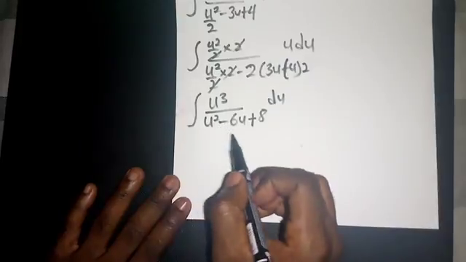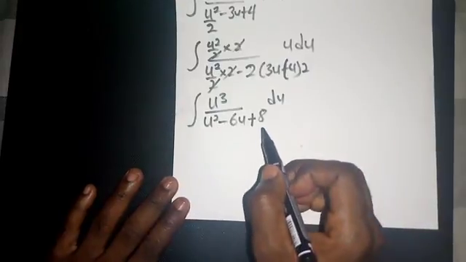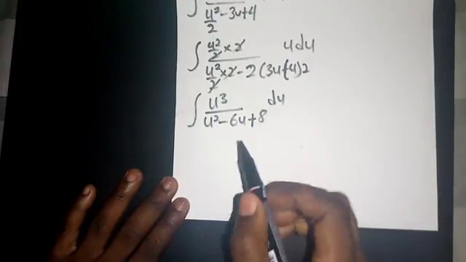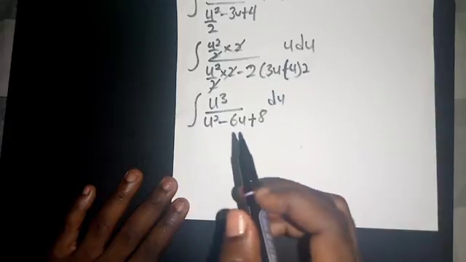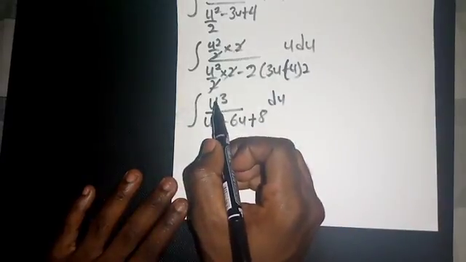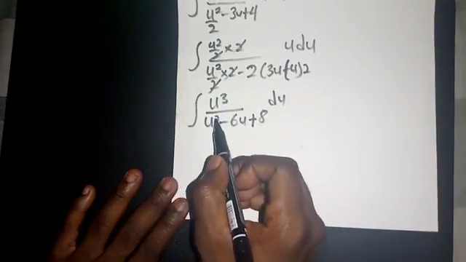Now what we are going to do next is to apply the partial fraction. But before we apply the partial fraction, you realize that if you look at the numerator, it is to the power cube and the denominator is to the power squared.